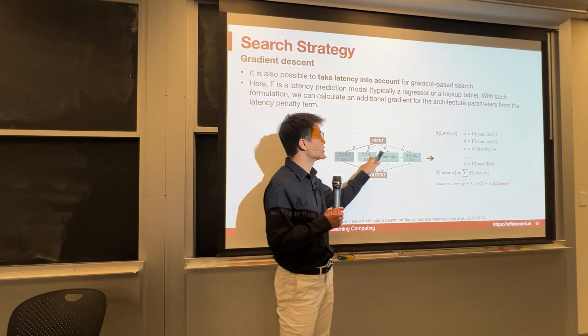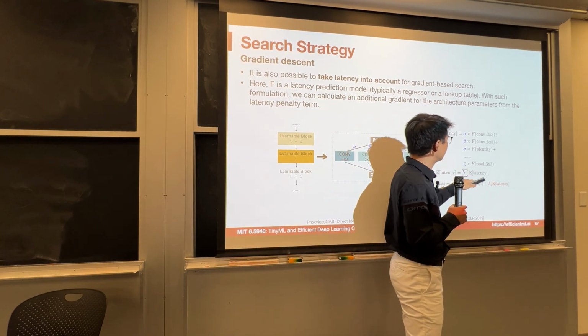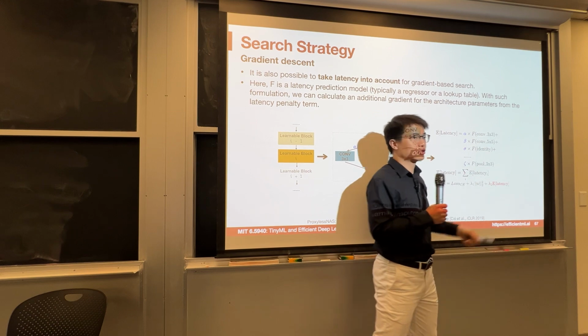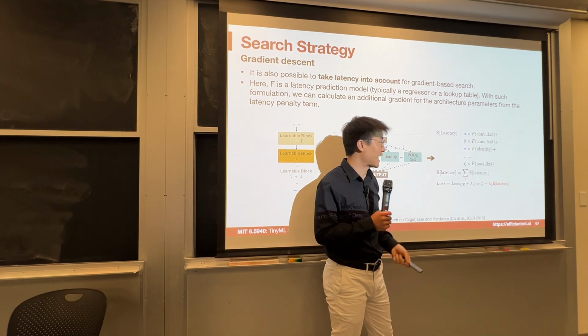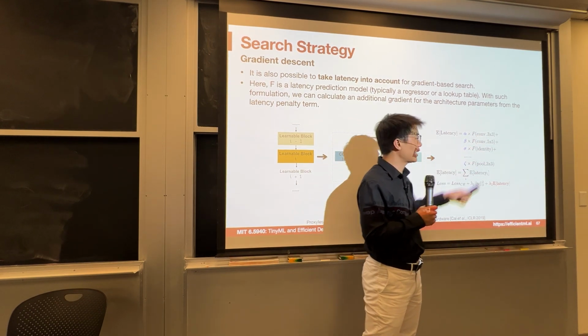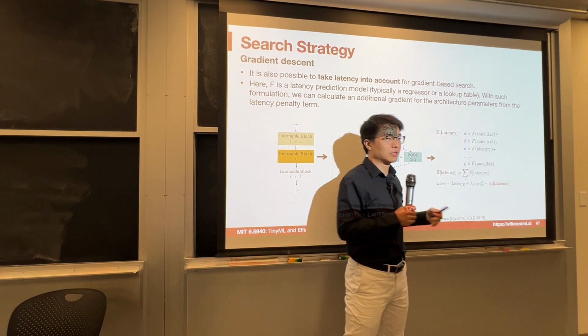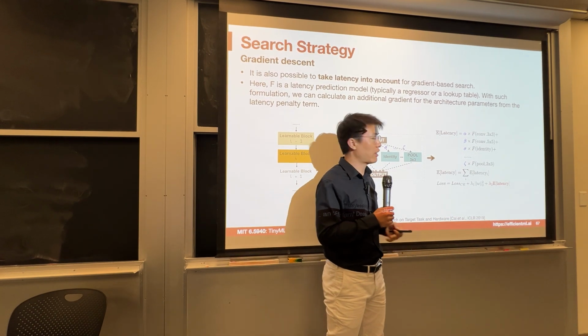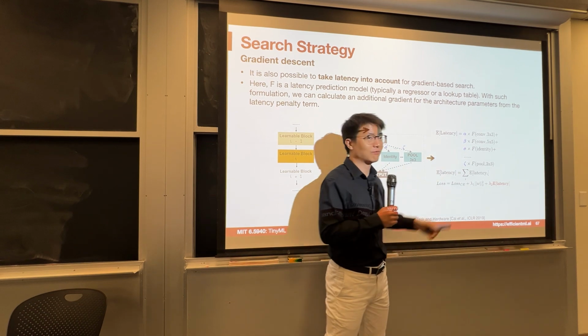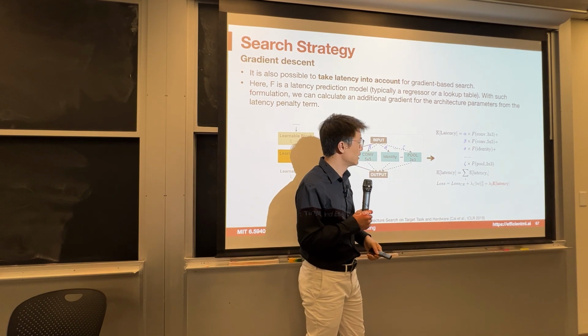We can pre-measure the latency of each building block. Since they are static, we can measure the latency offline. So in this way, if the probability of sampling each path is known, then we can have the expectation of the latency.